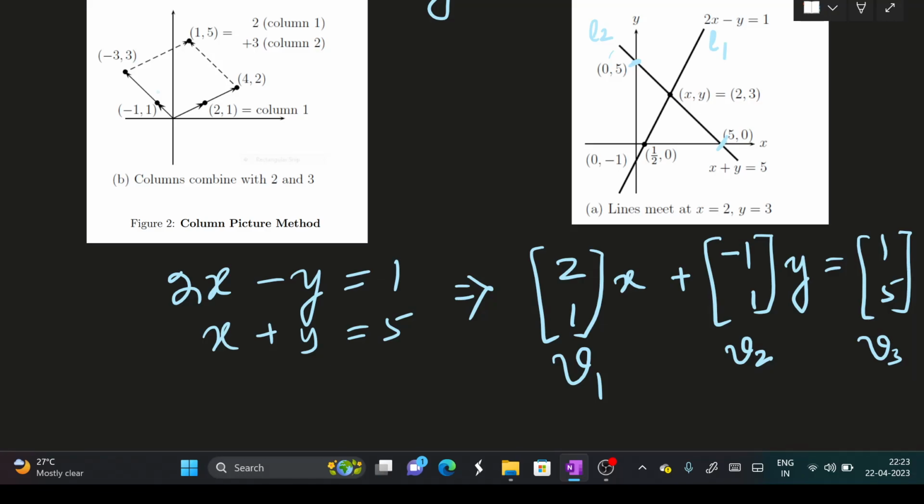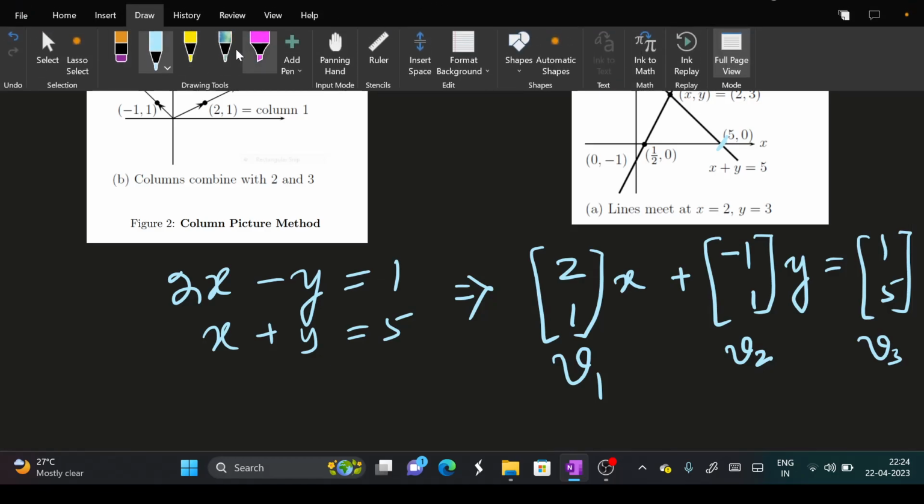Okay, so what we will do? Let us study. First I have plotted this point in the coordinate system. Observe this diagram. From the diagram, first I am plotting in a dark color.